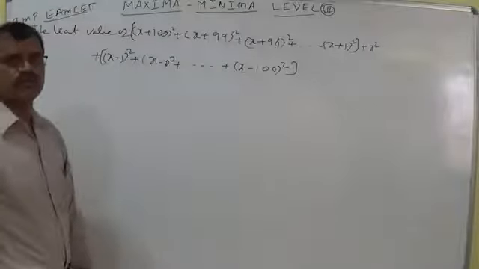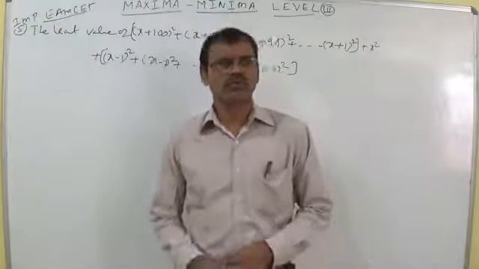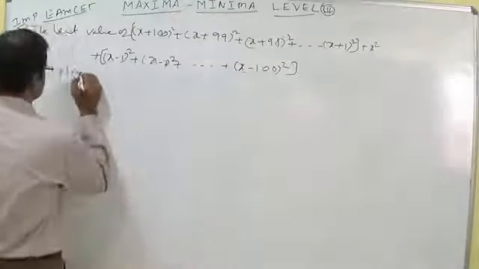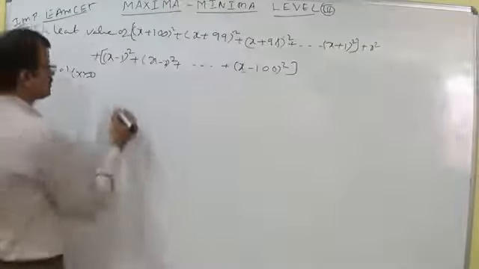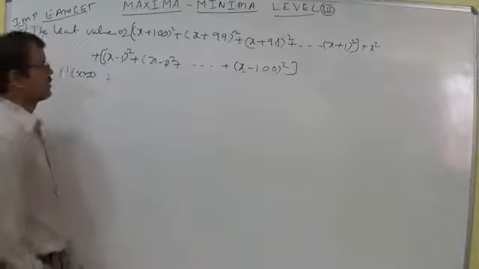To calculate whether the function is minimum or maximum, we know that f dash x is equal to 0. Let us write here f dash x is equal to 0. The derivative, this is of the form x square, like that.